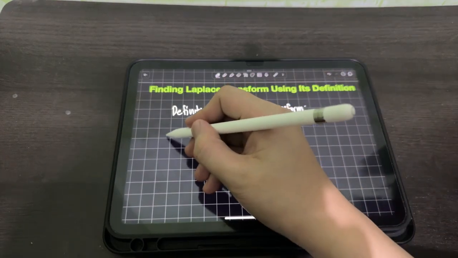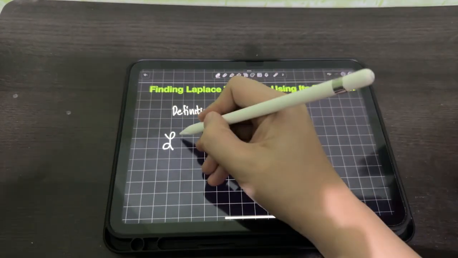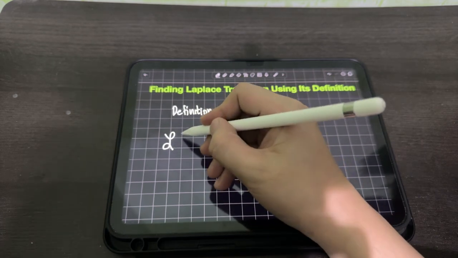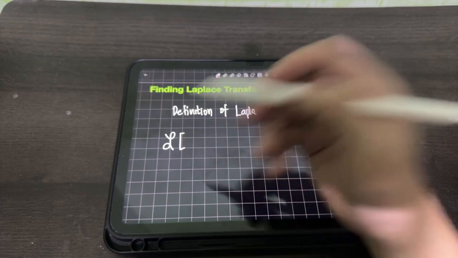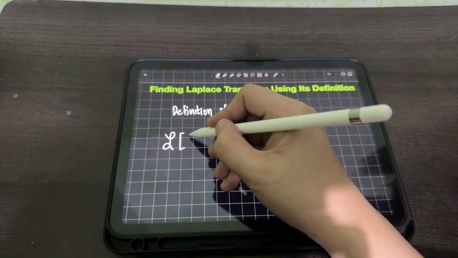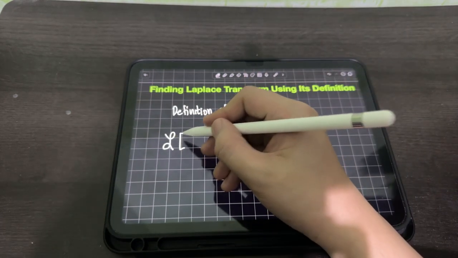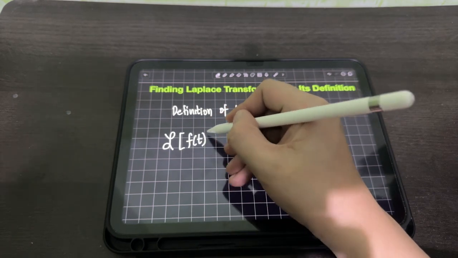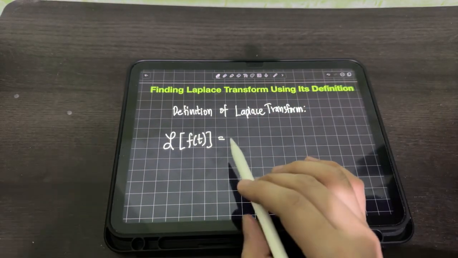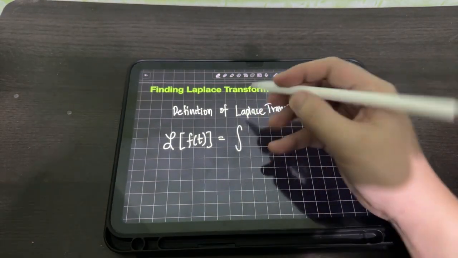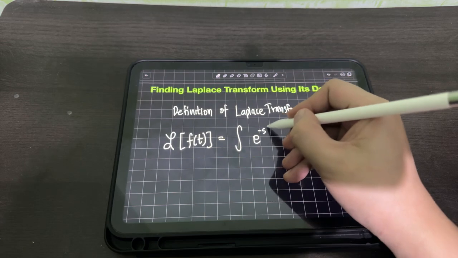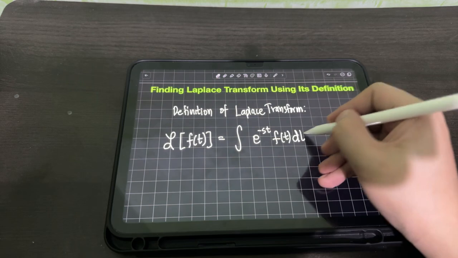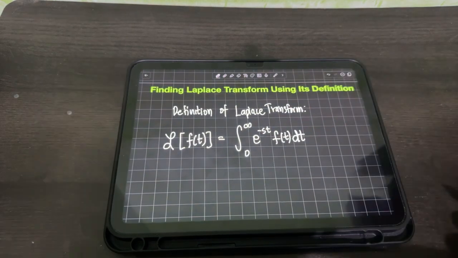So, we have the Laplace transform, and this curly L, or cursive capital letter L, is the symbol for Laplace transform. If you want to find the Laplace transform of any function, let's say f of t, it is equal to the integral of e to the negative st times that function f of t dt from 0 to infinity.